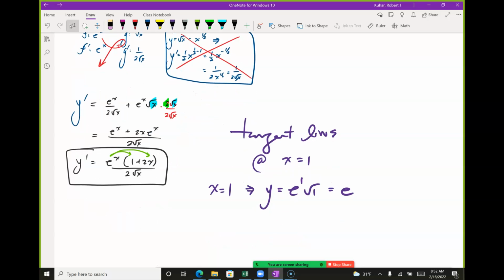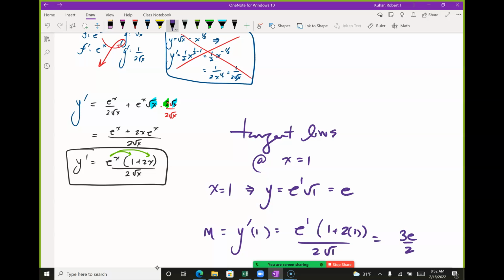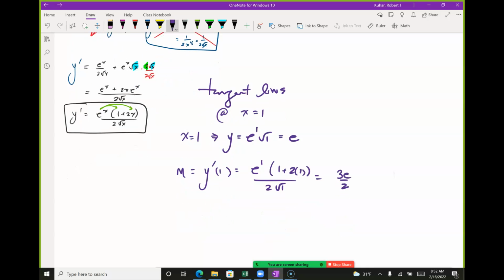So I have my x and my y value. Then my slope is going to come from y prime at 1, which is e to the 1 times 1 plus 2 times 1 all over 2 square roots of 1. So it looks like 3e over 2. Everybody with me there?